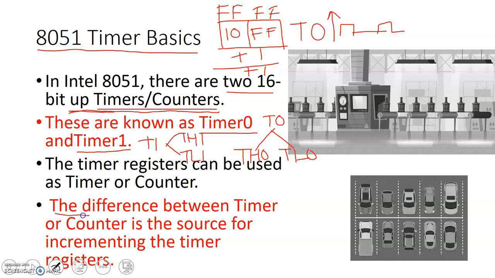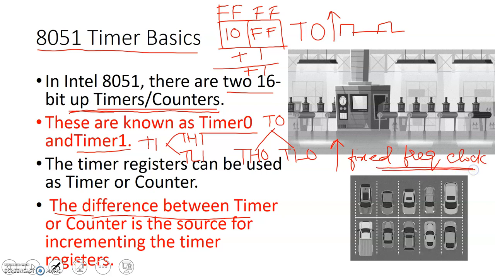Now again, to differentiate between a timer and a counter, I've just drawn an analogy here. A counter and a timer. A timer basically operates on a fixed frequency clock pulse.